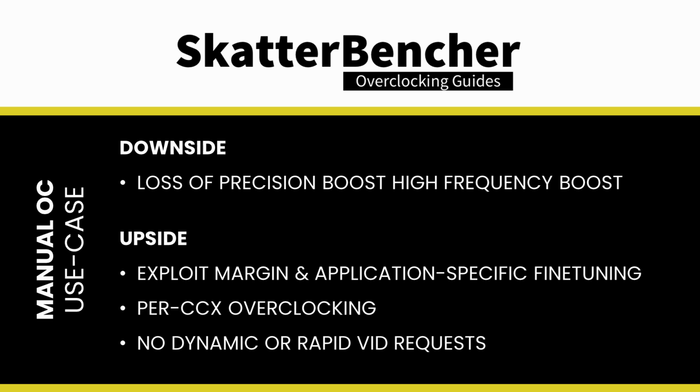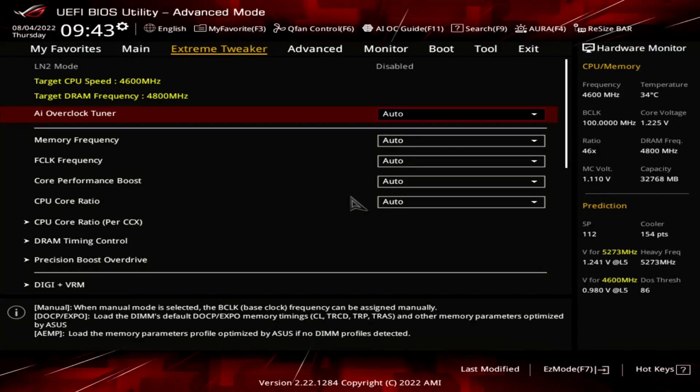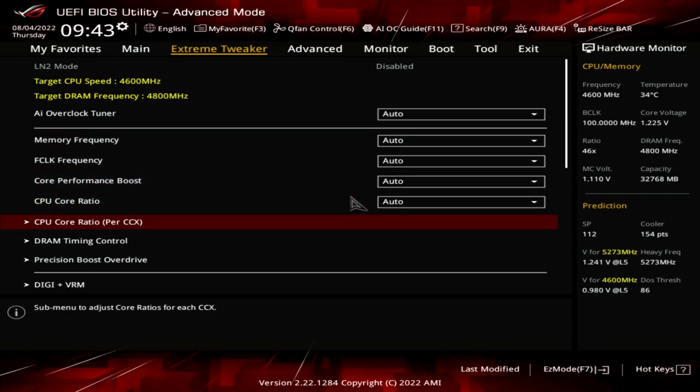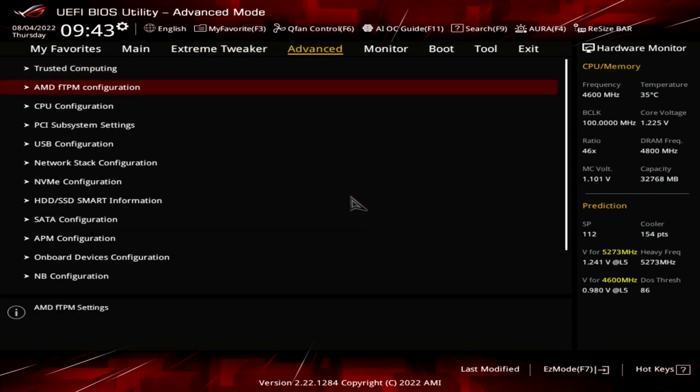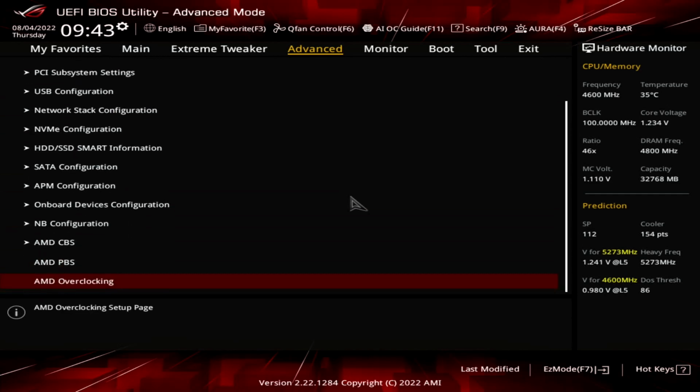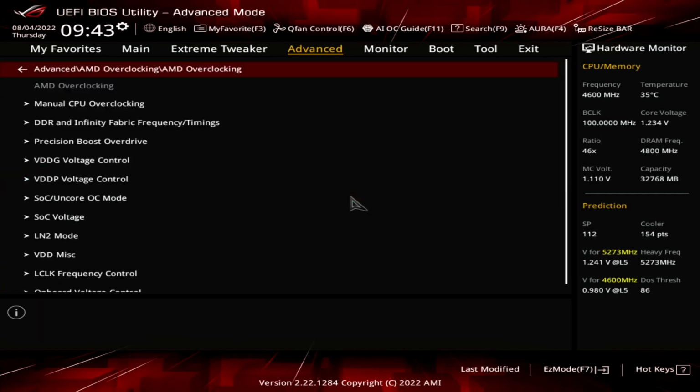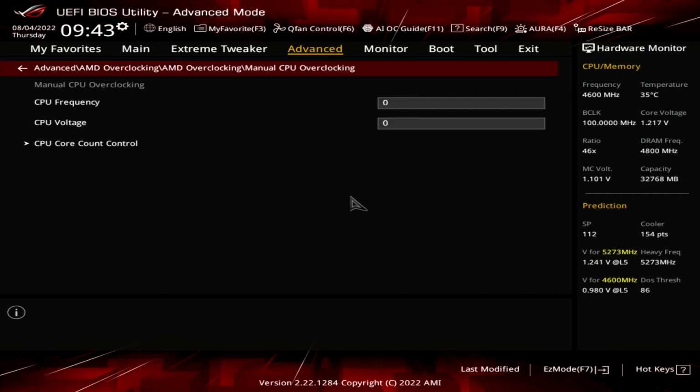The maximum stable frequency will depend on your desired level of stability and the choice of stress test tool. In the Asus ROG BIOS, you can configure a manual CPU overclock via the Extreme Tweaker CPU core ratio per CCX submenu. Alternatively, you can manually adjust the CPU core frequency in the AMD Overclocking manual CPU overclocking submenu.